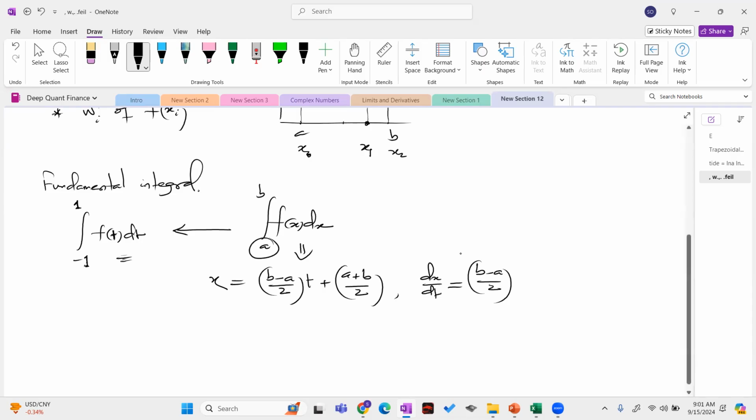x goes from a to b in the original integral. So t will go from where to where? When x is a, what is t? And when x is b, what is t? Basically, you have to substitute a here and see what t becomes.